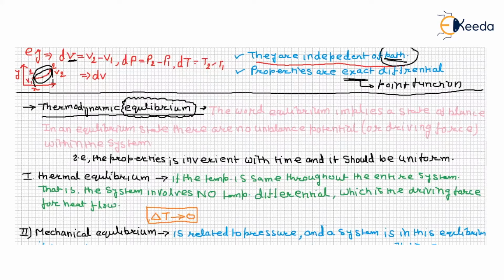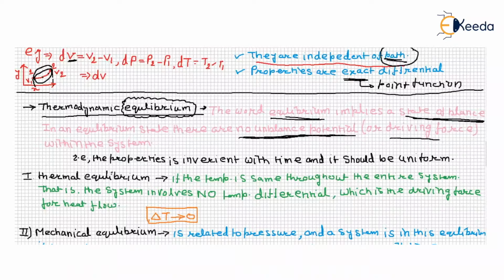The word equilibrium implies a state of balance. That means a state is balanced. In an equilibrium state, there are no unbalanced potential or driving force within the system.